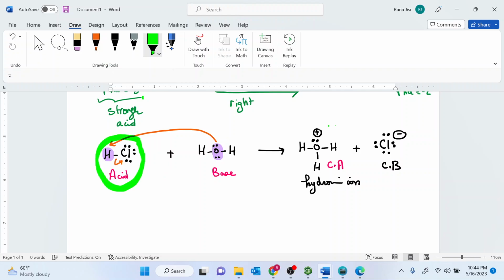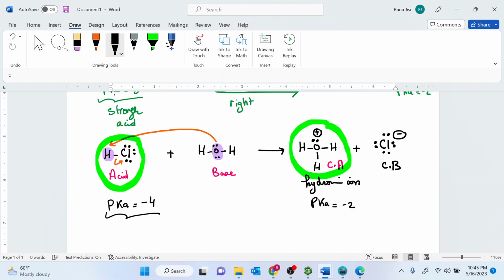Let's again check the direction of equilibrium of this reaction by simply locating the acid and the conjugate acid. So you look at the acid, you look at the conjugate acid, and from the pKa table, guys, determine the pKa. The pKa of HCl is around -4. The pKa of the hydronium ion is around -2. Of course, -4 is going to be smaller, so it's going to be more acidic.